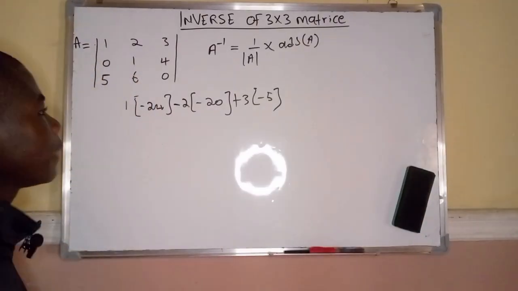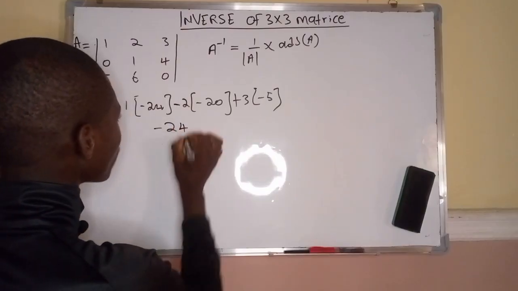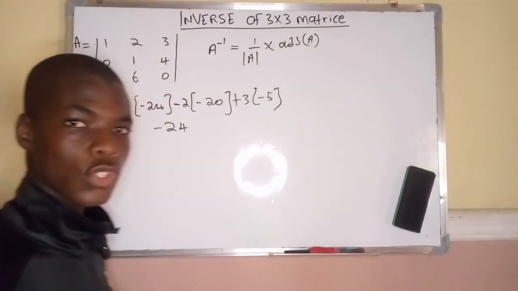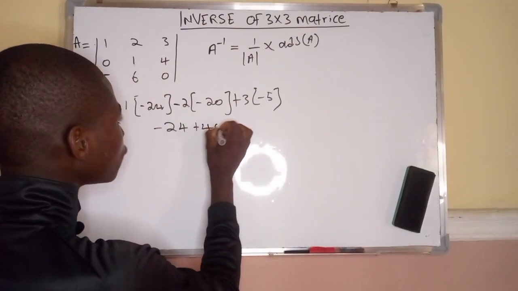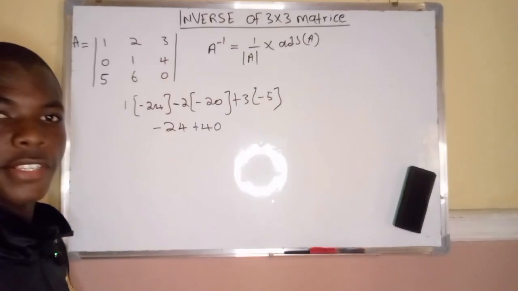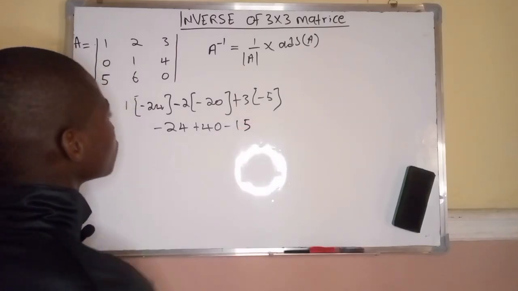So therefore, 1 multiplied by negative 24, I will end up having minus 24. And minus 2 multiplied by minus 20, I will end up having positive 40. And therefore, plus 3 multiplied by minus 5, I will have minus 15.